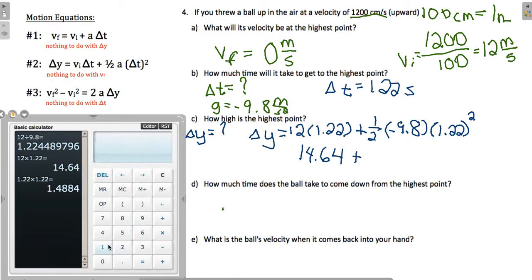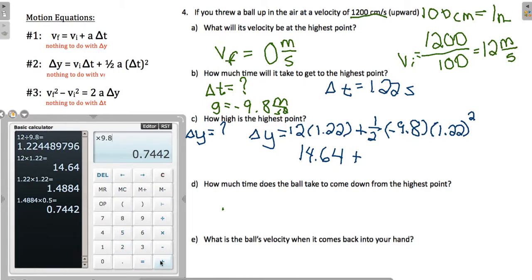Let's try that again. 1.4884 times 0.5 is equal to 0.7442. Then times that negative 9.8. I have a bad calculator here.